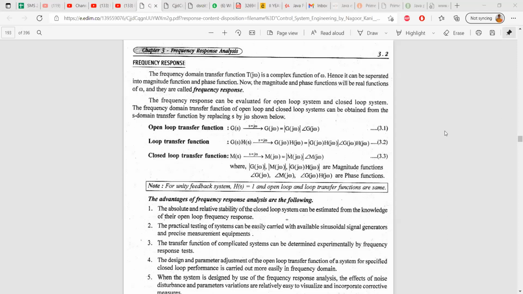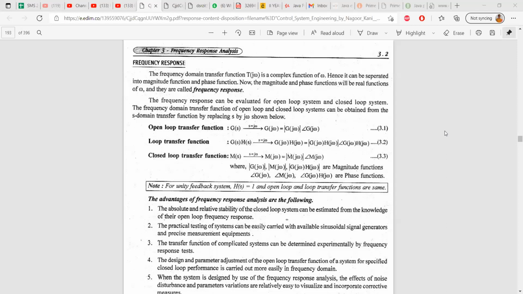It is a plot which contains two subplots. One is the magnitude plot and the other is the phase plot. Magnitude and phase plot.